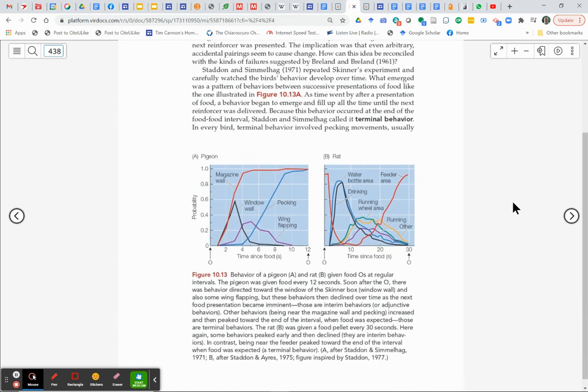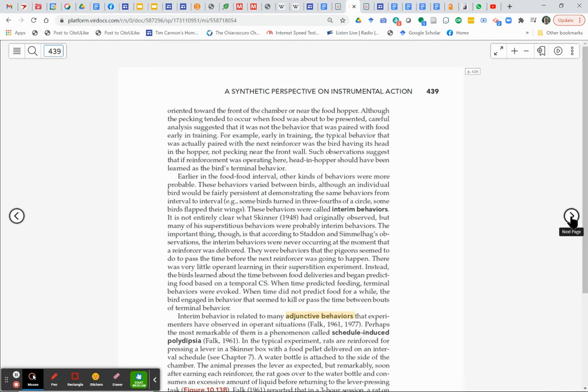They're not SSDRs, but they're related. Terminal behavior, yes. Important. And Skinner's interim behaviors, that's related to that.